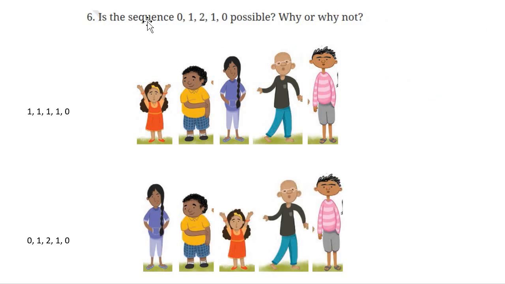Okay, is the sequence 0 1 2 1 0 possible? That is symmetry. See, the number increases slowly, 0 1 2, then 2 1 0. So the question is if it is possible or not. Now see over here, this is what we get from the arrangement in ascending order. We just did that.